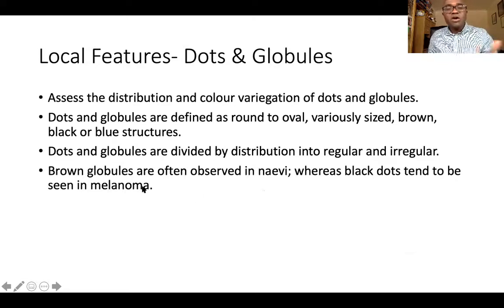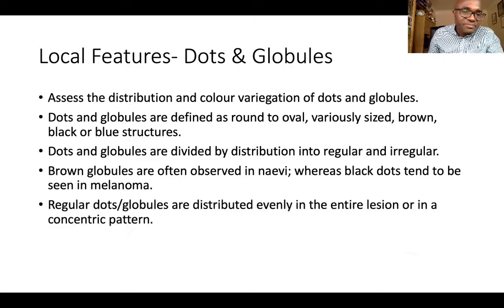Brown globules often are observed in benign moles, whereas black dots tend to be seen in melanomas. Okay, so you're really looking at these dots and globules in the local features, whether they are indicative of melanoma or benign melanocytic nevus. Remember, we're looking at distinguishing between melanomas and benign melanocytic nevus in this pattern analysis in the second step.